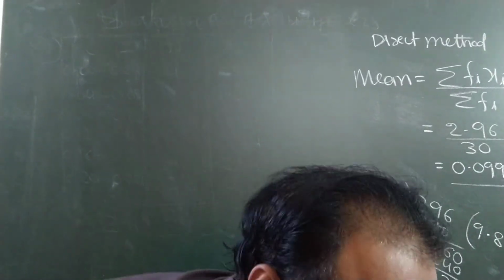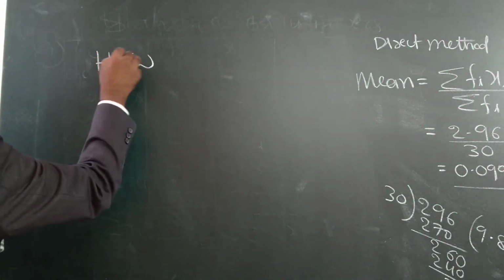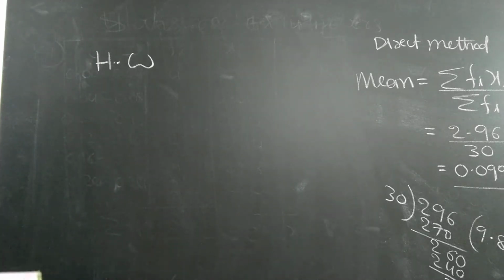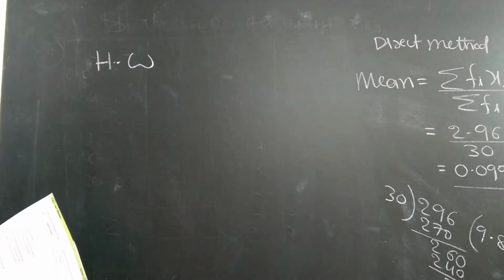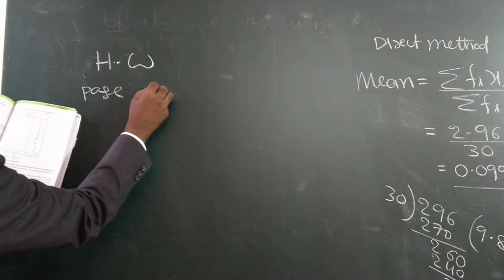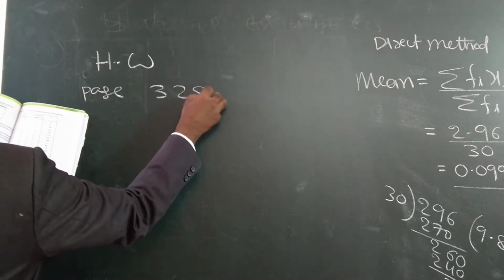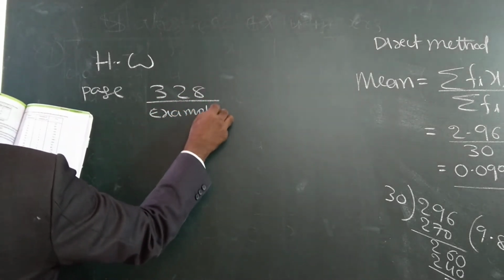Now, students, all of you write some homework for this exercise. Write down page 328, example 1. You do it afterwards.